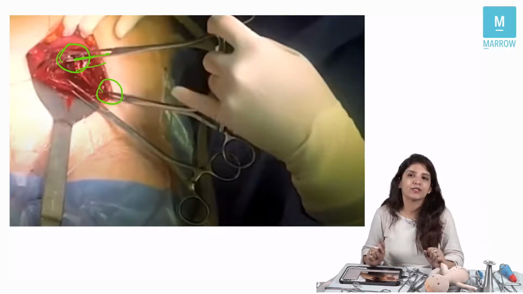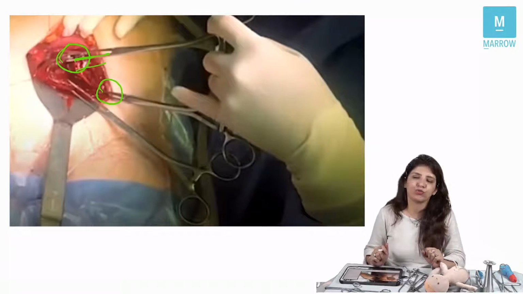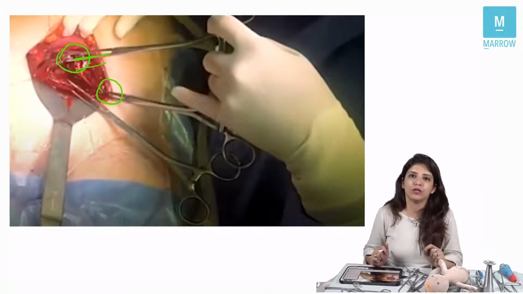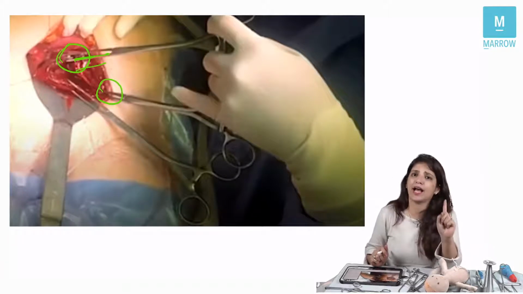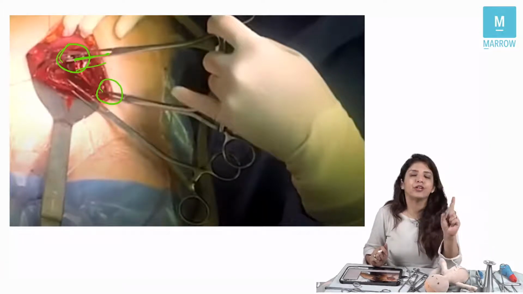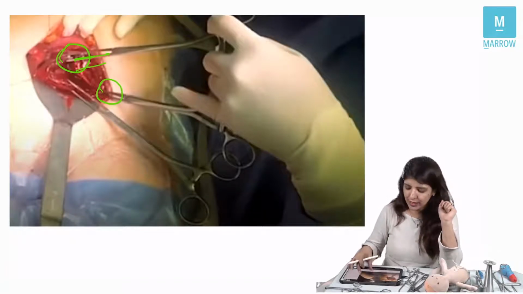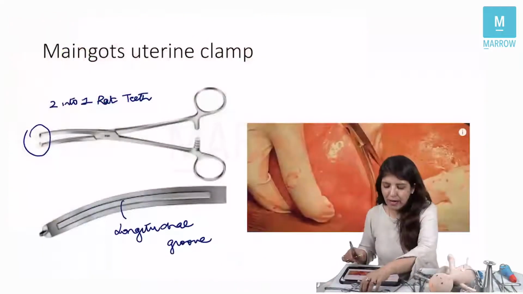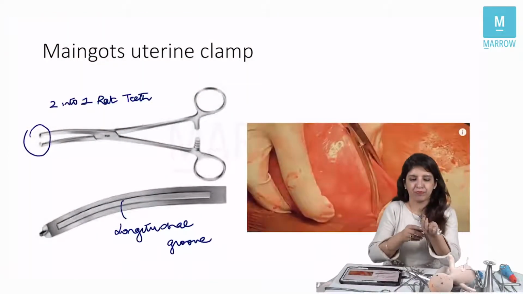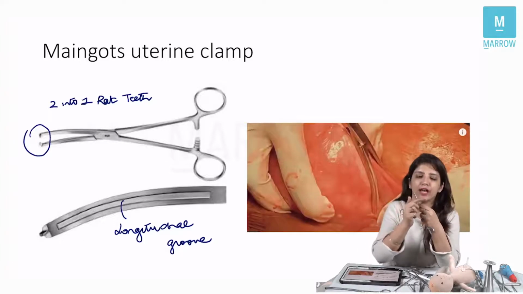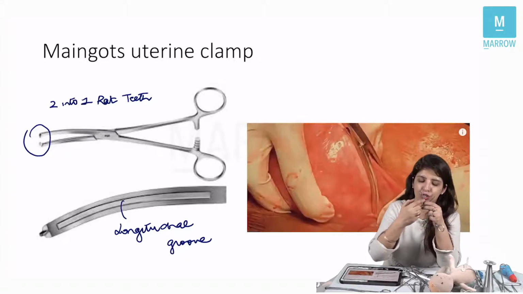So, this was a Green Armytage and Allis forceps and Kocher's forceps. The Kochers and the Allis were having teeth. Green Armytage was having a flat triangular end. Now we have a special kind of forceps apart from Kocher's forceps, where in Kocher's forceps I told you, you have one tooth here and two teeth here and transverse serrations.